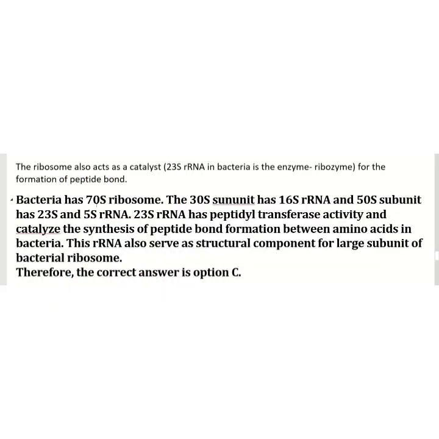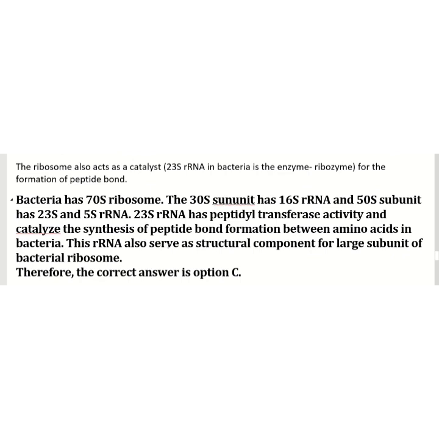Let's see, bacteria has 70S ribosome. The 30S subunit has 16S ribosomal RNA and the 50S subunit has 23S and 5S ribosomal RNA. Here the 23S ribosomal RNA has peptidyl transferase activity and catalyzes the peptide bond formation between the amino acids in bacteria.